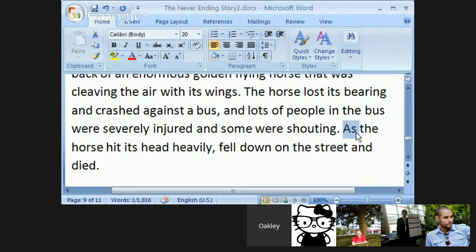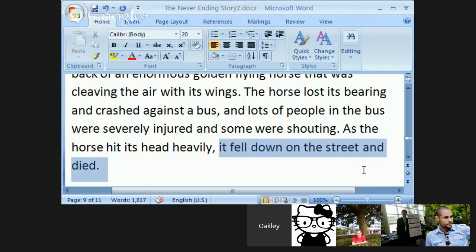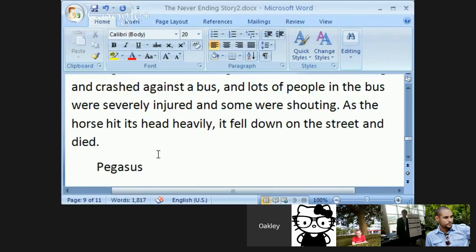Or if you would like to have two clauses, "as the horse hit its head heavily," you need to add another pronoun: it fell down on the street and died. You can't just have a dependent clause without an independent clause. So either way, the meaning does not change. You can add it, or you can subtract "as" and have a perfectly correct sentence. I've already done it, so it's easiest just to leave it like that. Okay, dead horse. Screaming people.